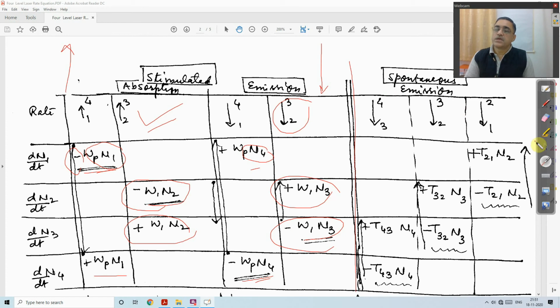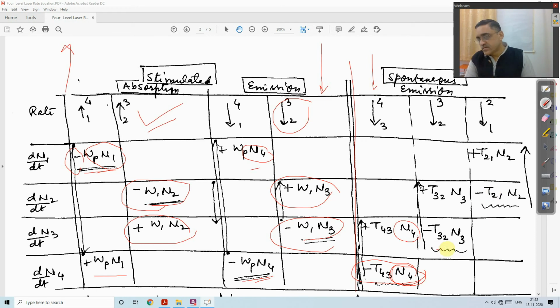But the debit and credit goes on. It debits from 4, so we are multiplying by N4 as told by Einstein. It is being credited to level 3, so we are multiplying by the same. Only the one-way process is there.